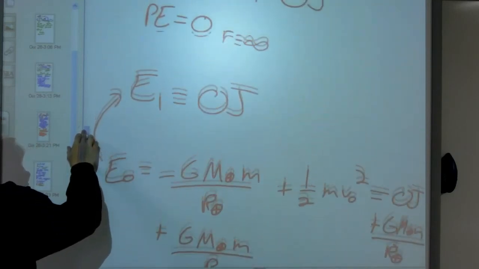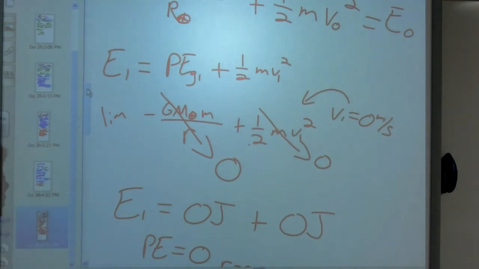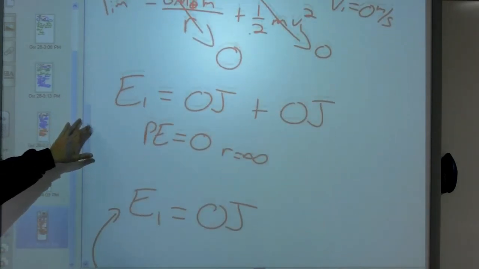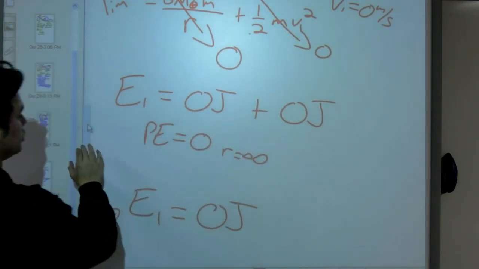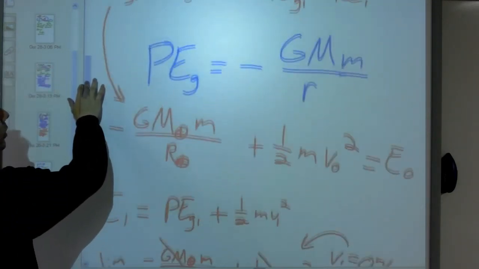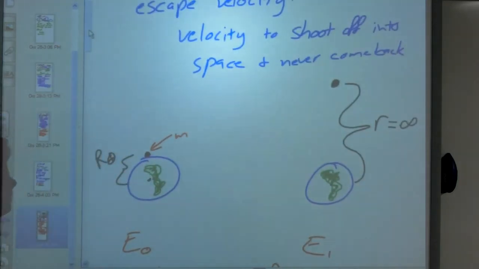But we can see that that comes from using conservation of energy. And strangely enough, the way that we've defined gravitational potential energy, we end up with 0 total energy in the system, because our gravitational potential energy is actually negative. So, this is escape velocity.